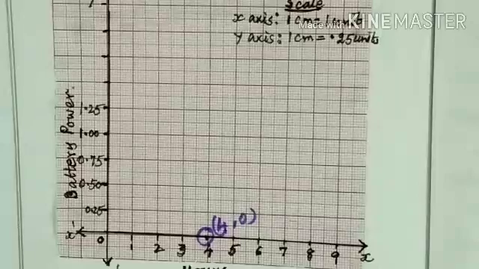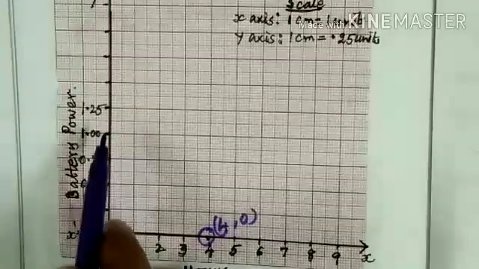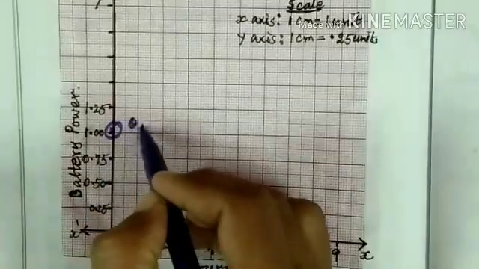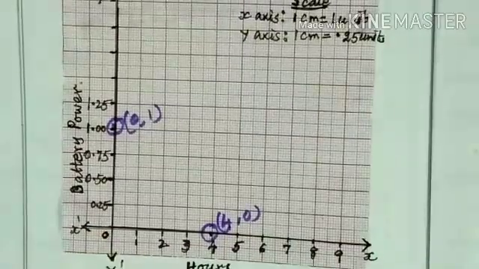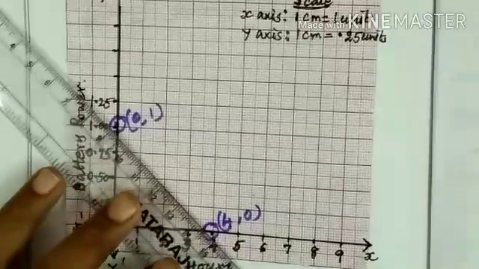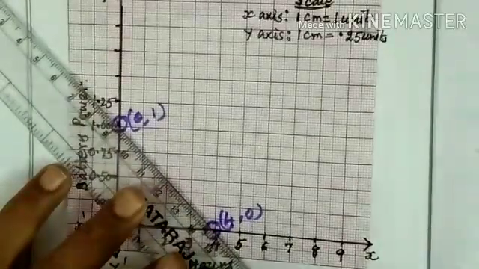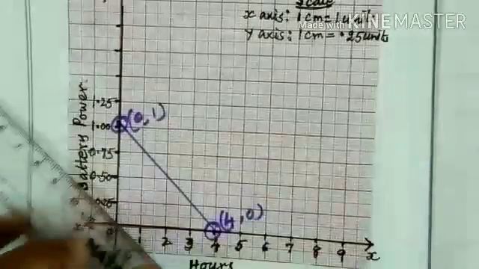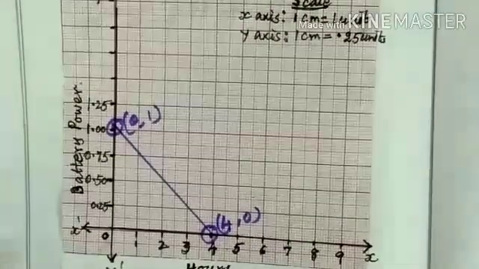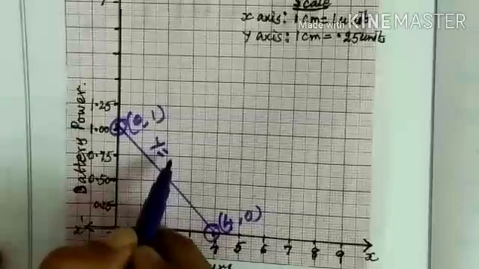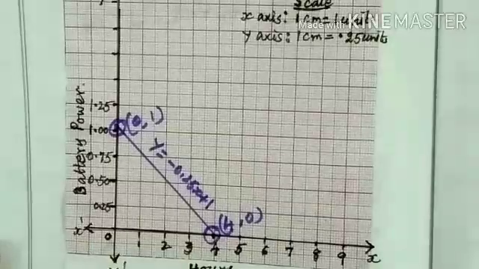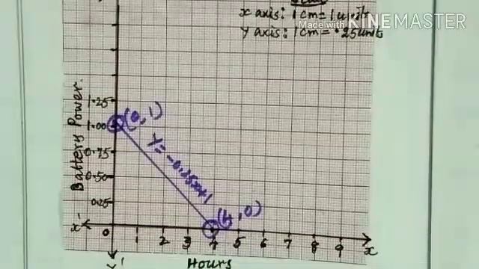Then 0, 1: x-axis 0, y-axis 1. Now you have to join these points, and we get a straight line. This straight line denotes the equation y is equal to minus 0.25x plus 1. This is the answer for the first subdivision.